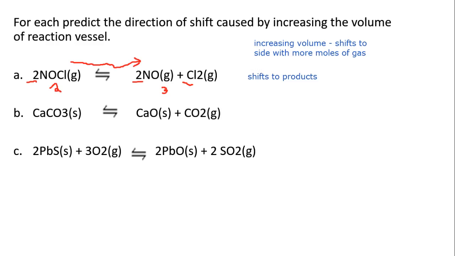Next, we have 0 moles of gas on the reactant side, and we have 1 mole of gas on the product side. So since there's more moles of gas on the product side, when we increase the volume, it's going to shift to make more products. So it's going to shift to the products.